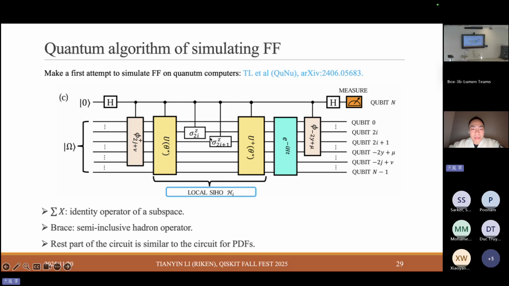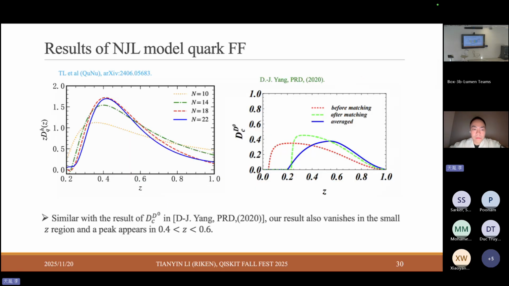And here we do something, because we use those two qubits to represent the wave packet of the final state hadron. We also use a variational quantum algorithm to prepare the hadron state, and on the output of the quantum circuit, we only need to measure the auxiliary qubit, and then we can obtain the fragmentation functions.